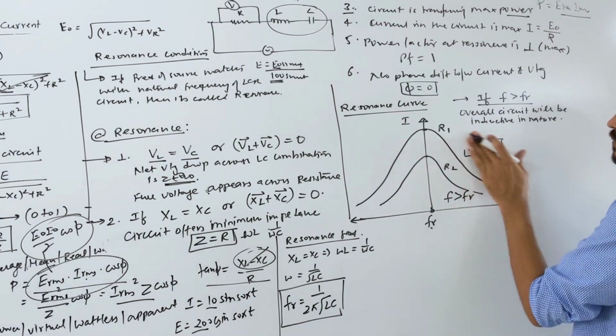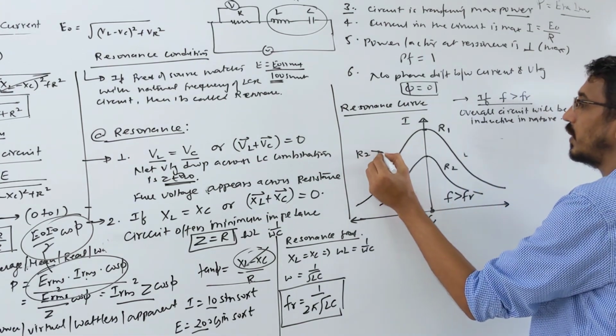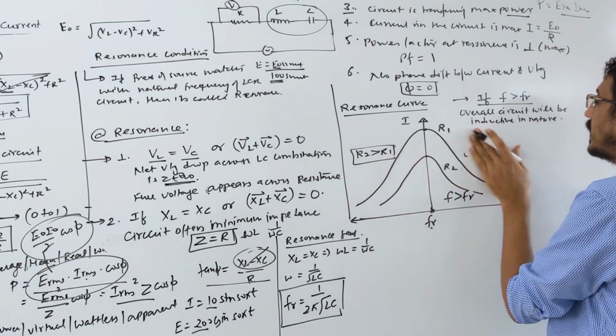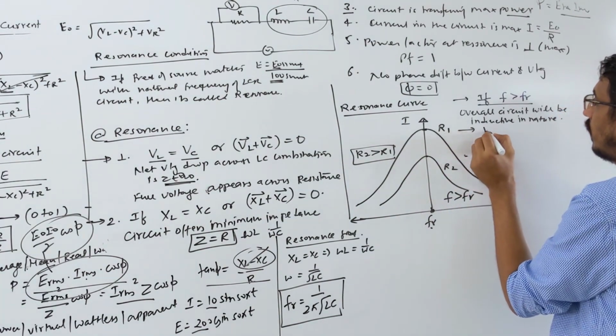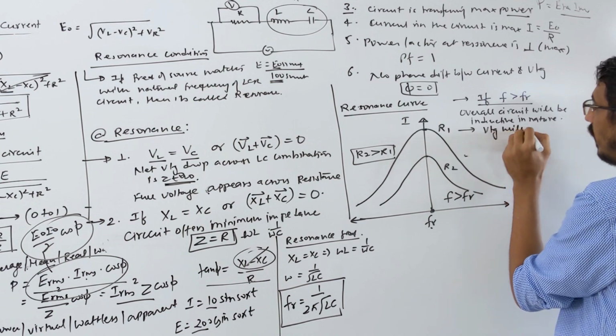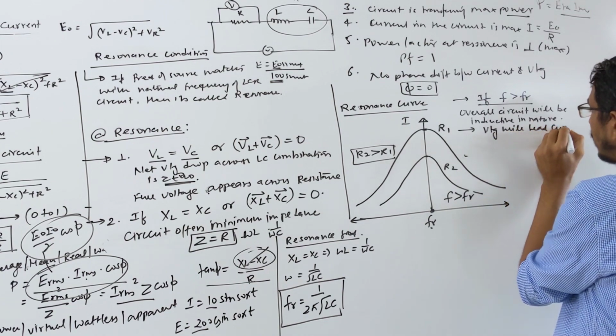I am writing here, R2 is bigger than R1. In this case, inductive nature means voltage will lead. So overall voltage will lead current.